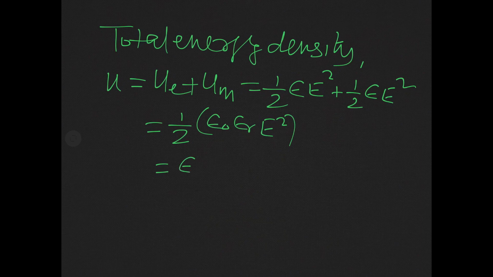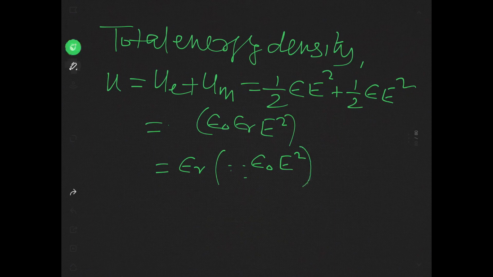Let us take the factor epsilon r separate, and after adding these two, this will be simply epsilon naught E square.